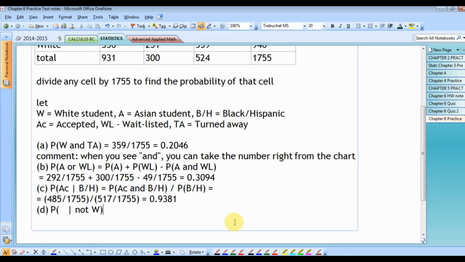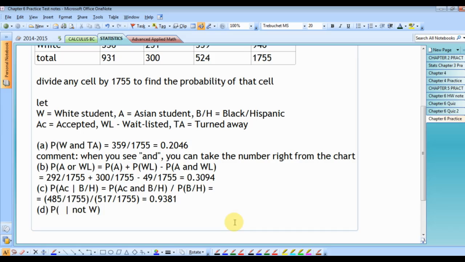Okay. What are we trying to figure out? Anything besides accepted? Well, there are two other things other than waitlisted, right? So basically we're saying accepted or turned away?